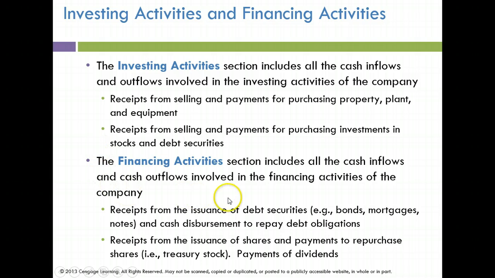The financing section is going to be that section that shows everything related to buying and selling stocks and receiving long-term debt and paying back the long-term debt, along with paying out dividends. So the financing has to do with how do they support their growth, okay?